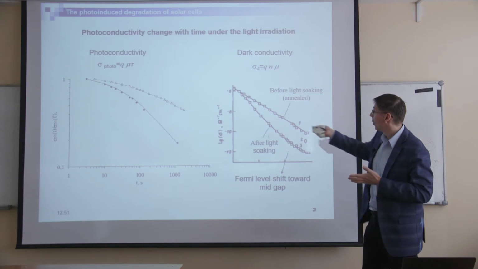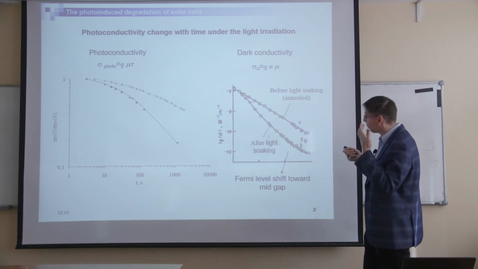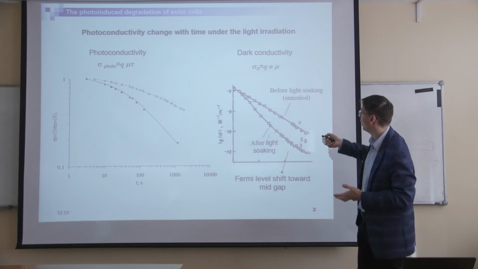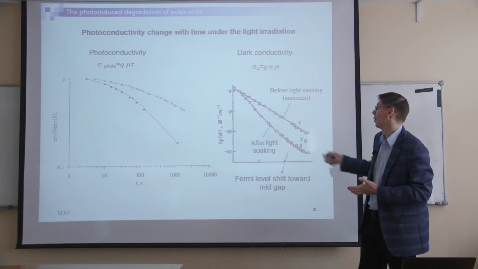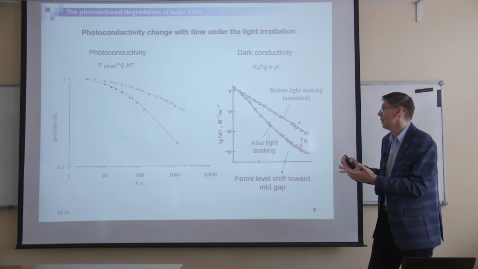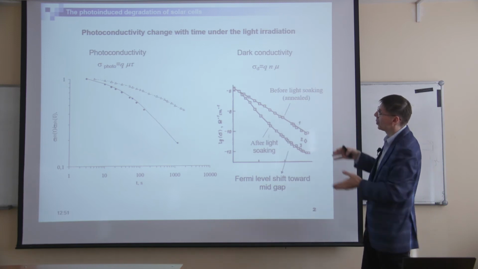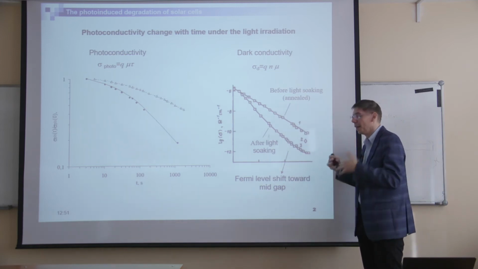And if you have a look, not only the absolute value of the dark conductivity changed, but also the temperature dependence changed. So this so-called activation energy is changed. So it means that we have a deeper position of the Fermi level. So actually it also corresponds to the high defect density.